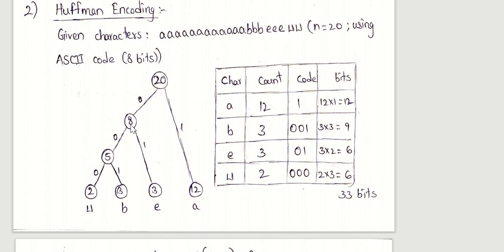So we use 8 as the parent, and again we repeat the same process. Only one character, A, remains with frequency 12. We add these remaining two, and the parent will be 20.